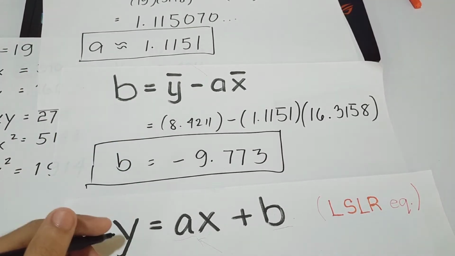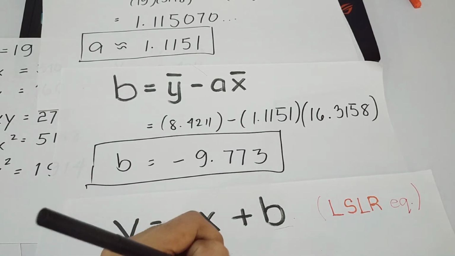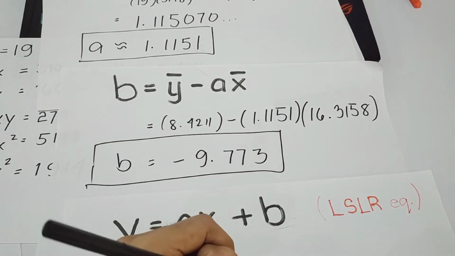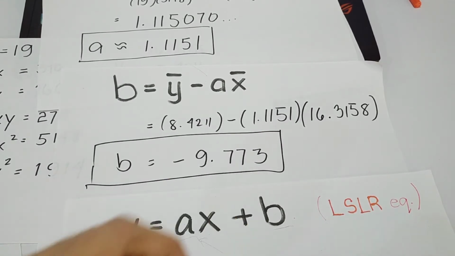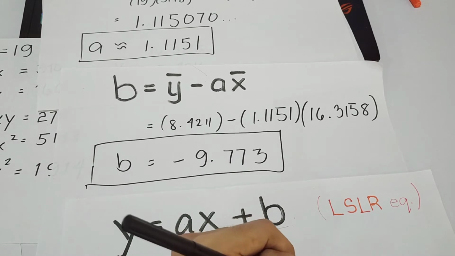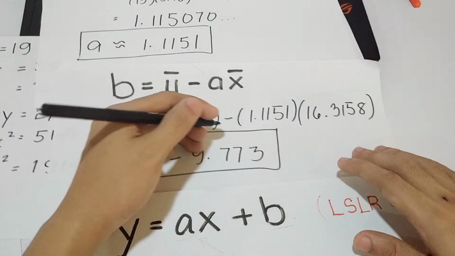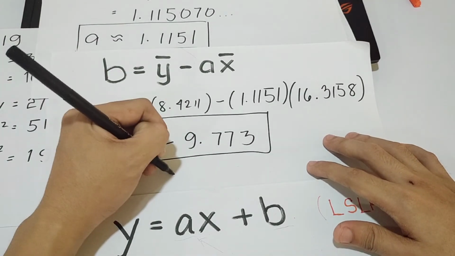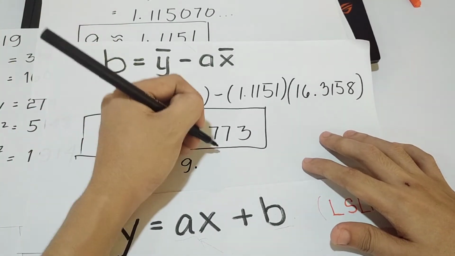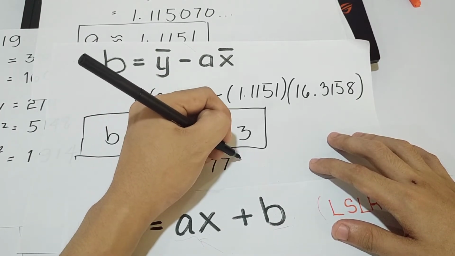So our equation is y equals 1.1151x, and the value of b is actually negative 9.7722.